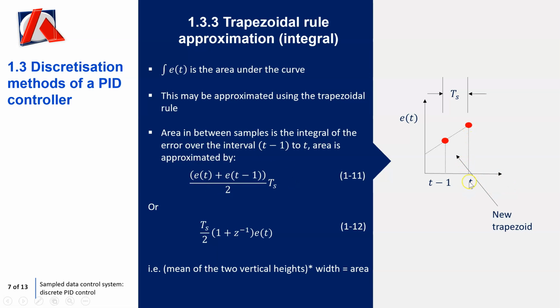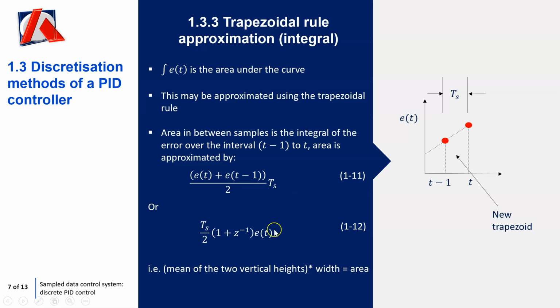So e(t) plus e(t-1), multiplied by Ts, so the width of that, and then divided by 2. So as it says here, it's the mean of the two vertical heights multiplied by the width, and that's effectively going to give you the area.